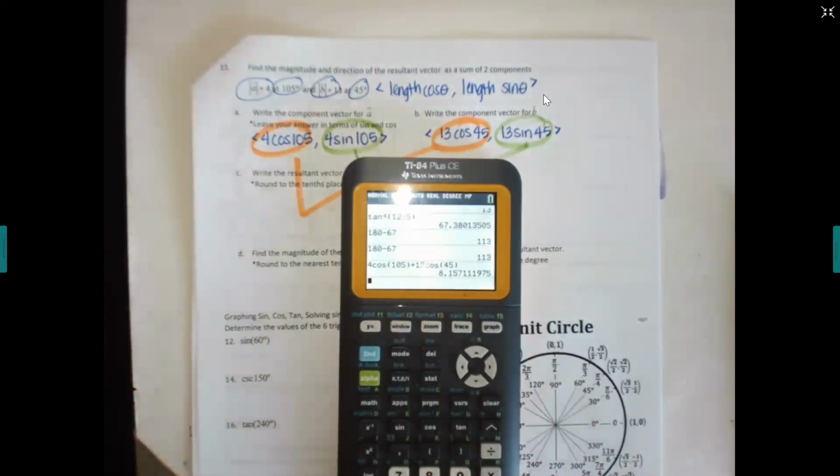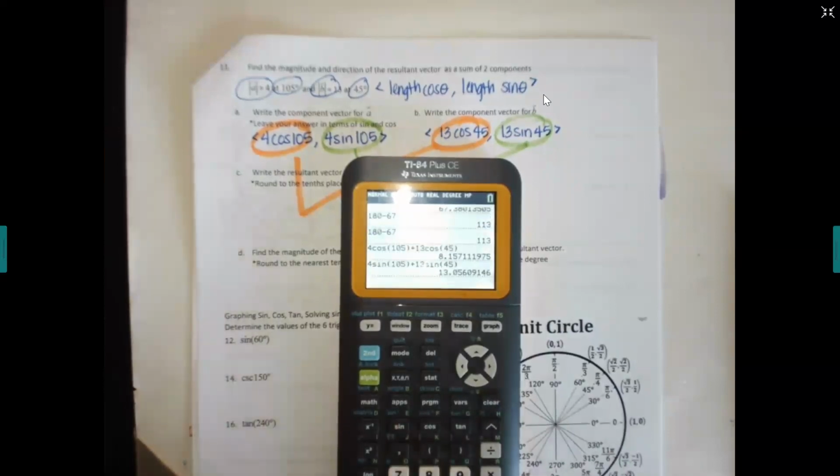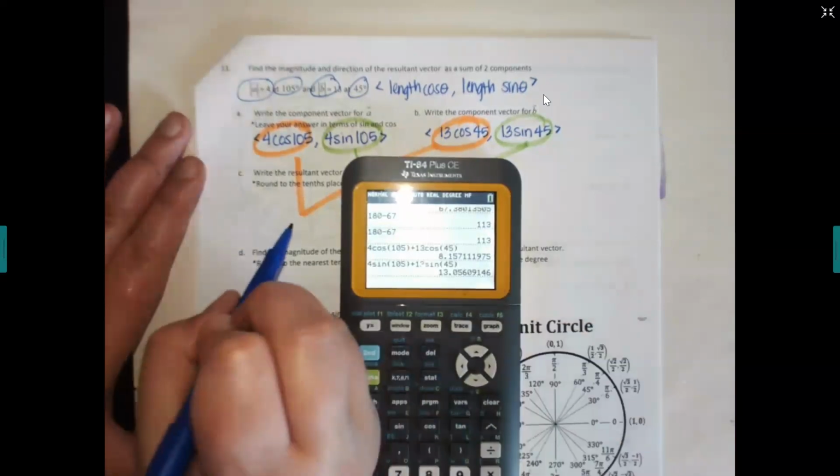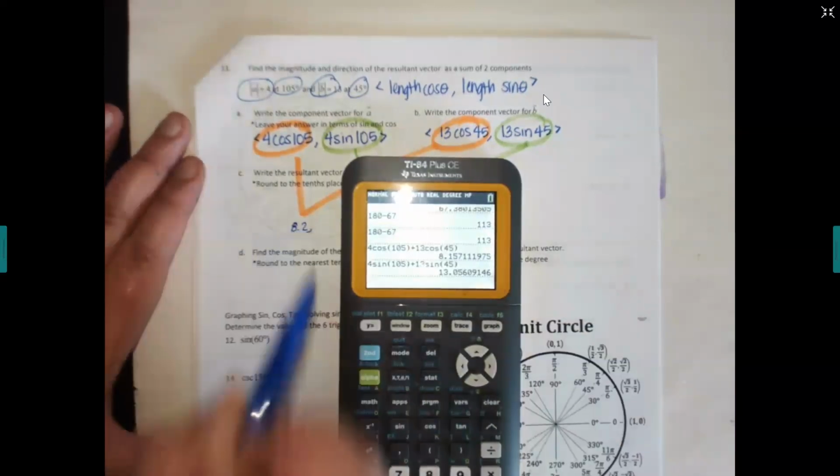Okay, so I got 8.15, we'll round that to 8.2. Then for my 4 sine 105 plus 13 sine 45, I got 13.05, we'll round that to 13.1. So it's 8.2 and then 13.1.